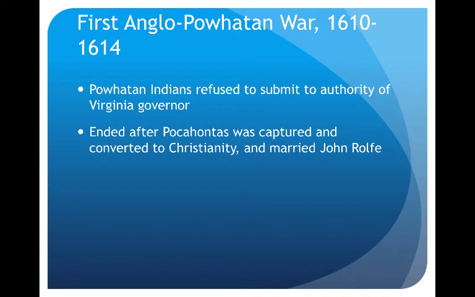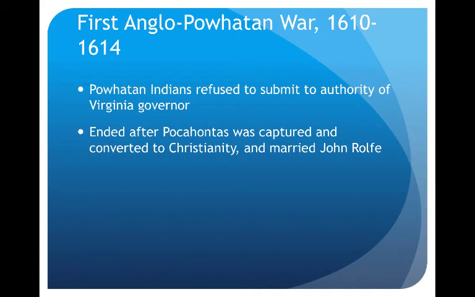Of course, from the Powhatan perspective, we've lived here for hundreds of years. Now suddenly these people from across the ocean show up and set up shop and create this government that they expect us to live under. Dream on, right? But of course the English expected them to do it, and this ultimately led to the First Anglo-Powhatan War, which went from 1610 to 1614.